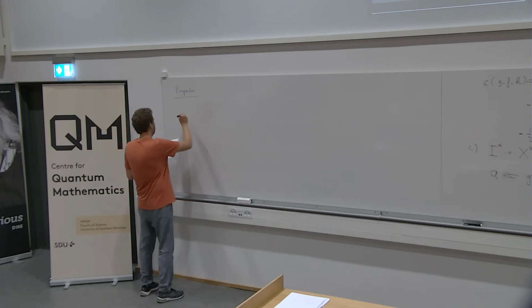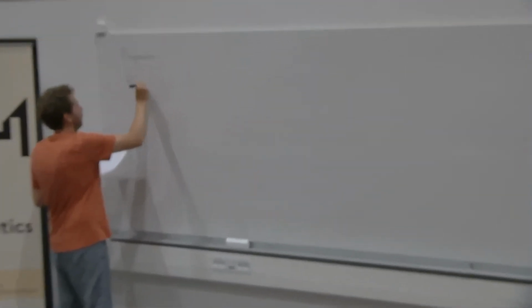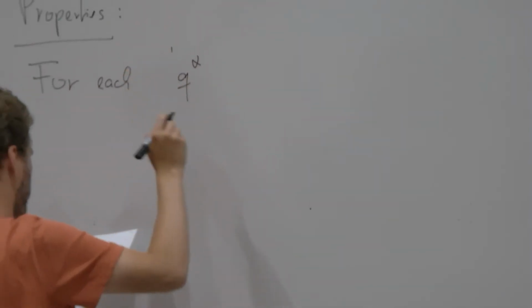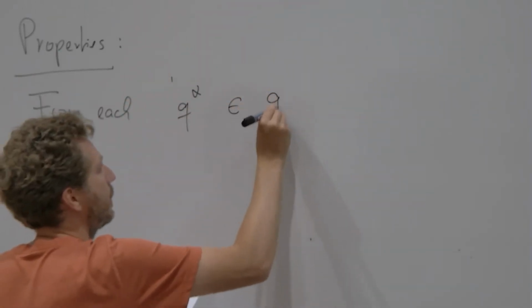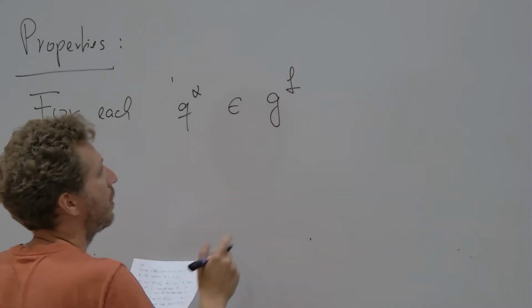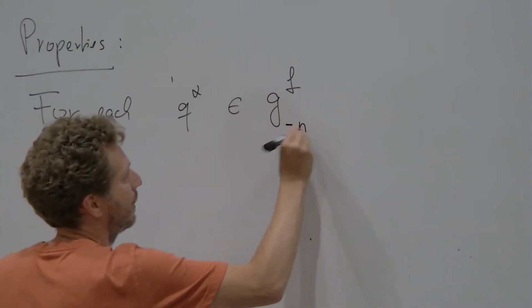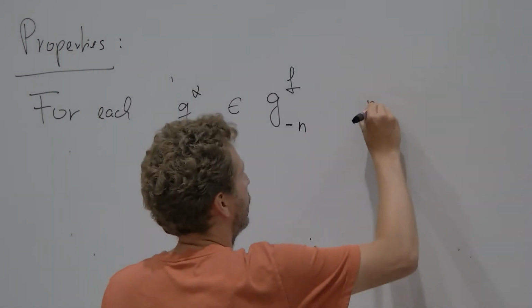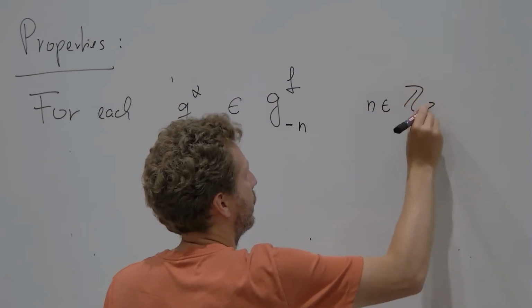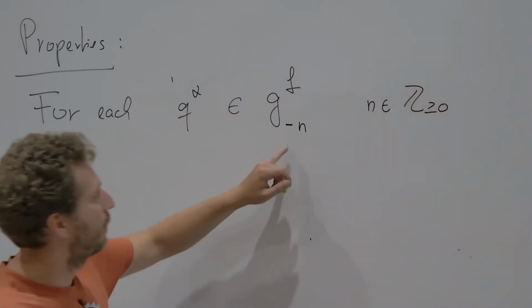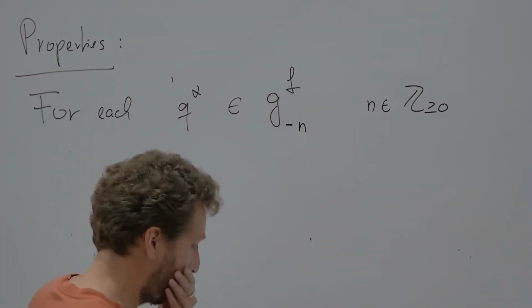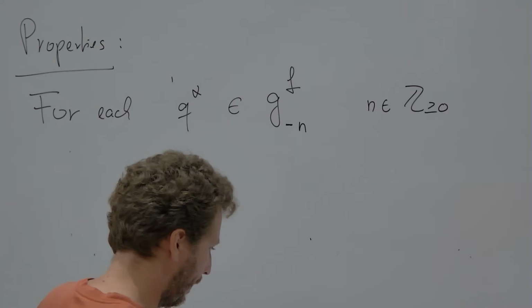So, for each basis vector that is also a lowest weight vector of F, and of course the SL2 weight of a lowest weight vector needs to be non-positive.